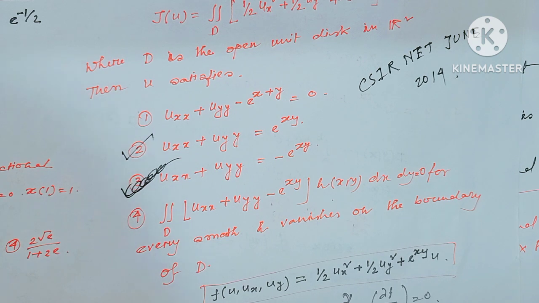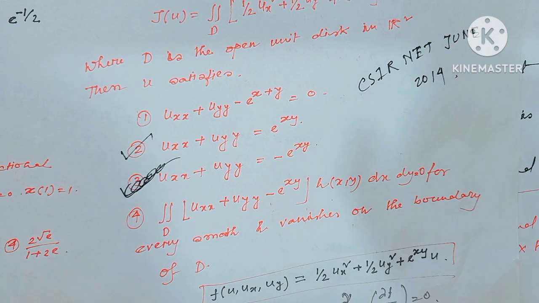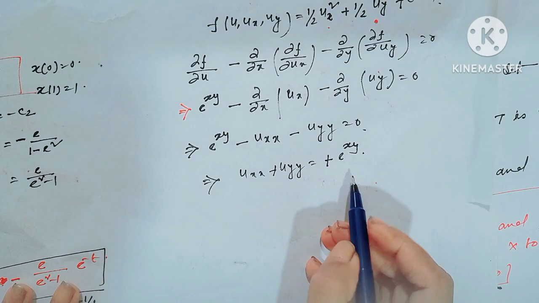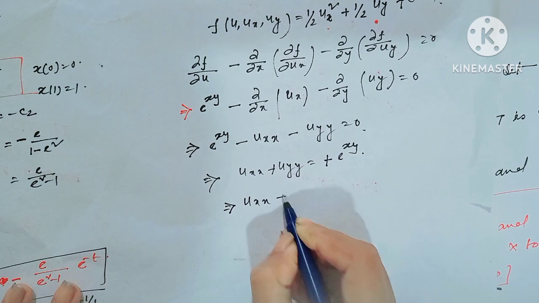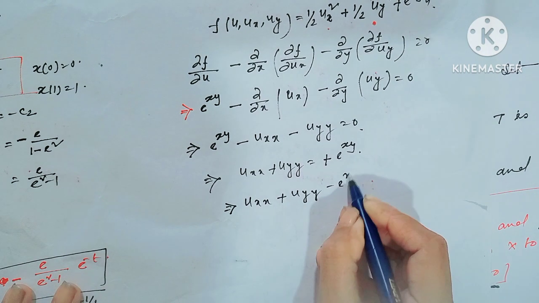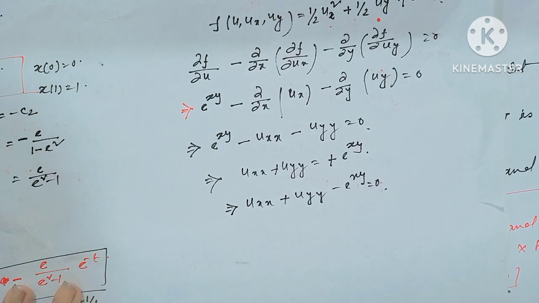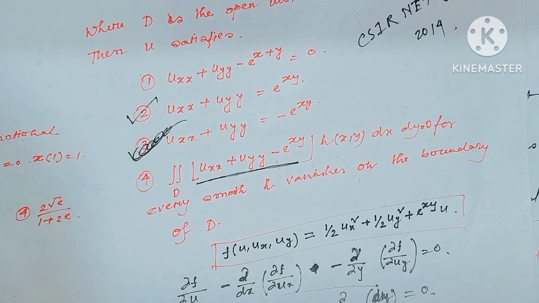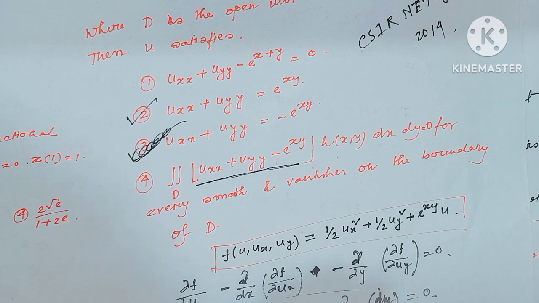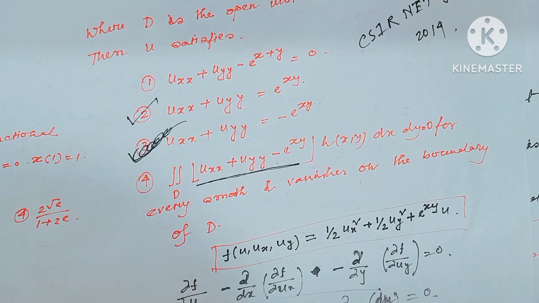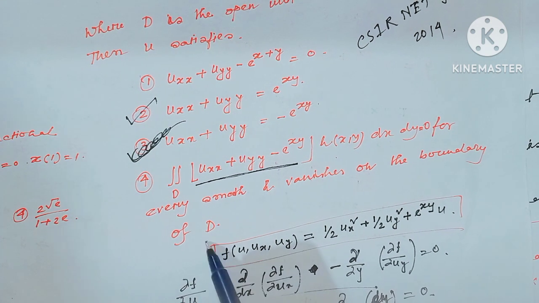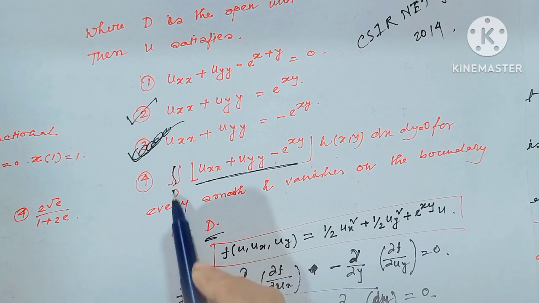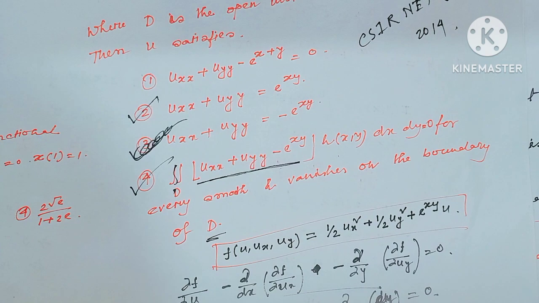And this is true for every smooth h that vanishes on the boundary of D. Since u_xx plus u_yy minus e^(xy) equal to 0, this part is equal to 0 times any multiple of h(x,y) with dx dy, obviously this value would be 0 for every arbitrary smooth h that vanishes on the boundary of D. Here the value of the integration does not depend on D. So option 4 is also a right option.